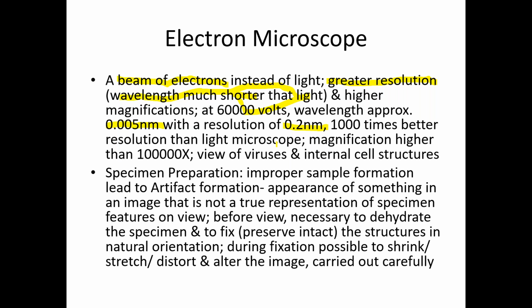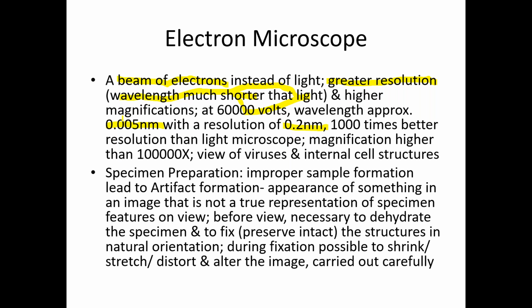So in light microscope, for example, when we are taking blue light, we were having a wavelength of around 480 nanometer, which was providing us a resolution of around 200 nanometer. That is, most of the light microscope, the magnification is around 1000x and resolution 200 nanometer. So when we are using an oil immersion objective, it will go up to 1400x.